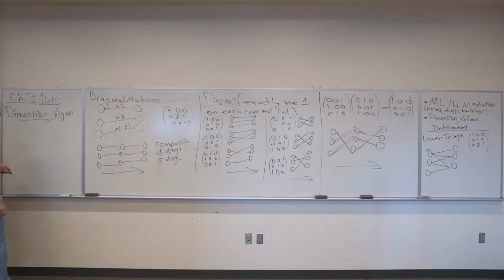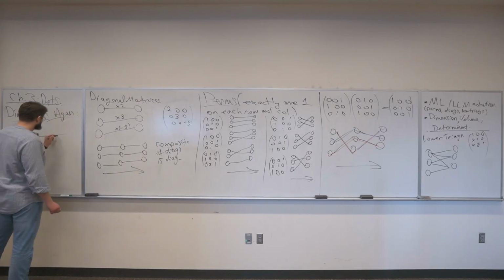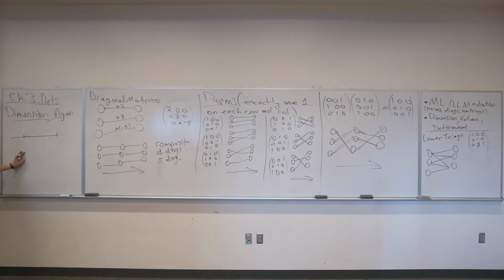I want to say something like this. Say I have a one-dimensional vector space. It's a line. I'm going to take a small patch of it, so it's a line segment now. I got rid of the infinities and so on. I look at this small segment, and I want to make sense of the idea that this has dimension 1.